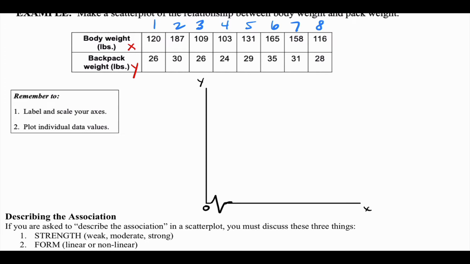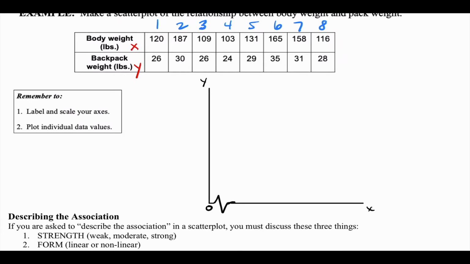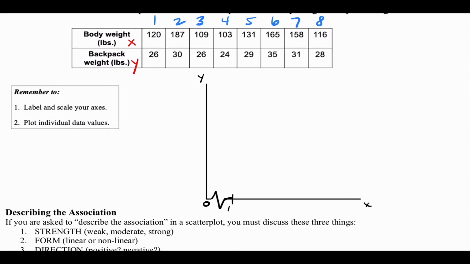My lowest number is 103, so I'll probably start with 100. My highest number is 187, so I'll probably go by 20s. Let's see, 180, 200. There's no one over 200. There's no one below 100.